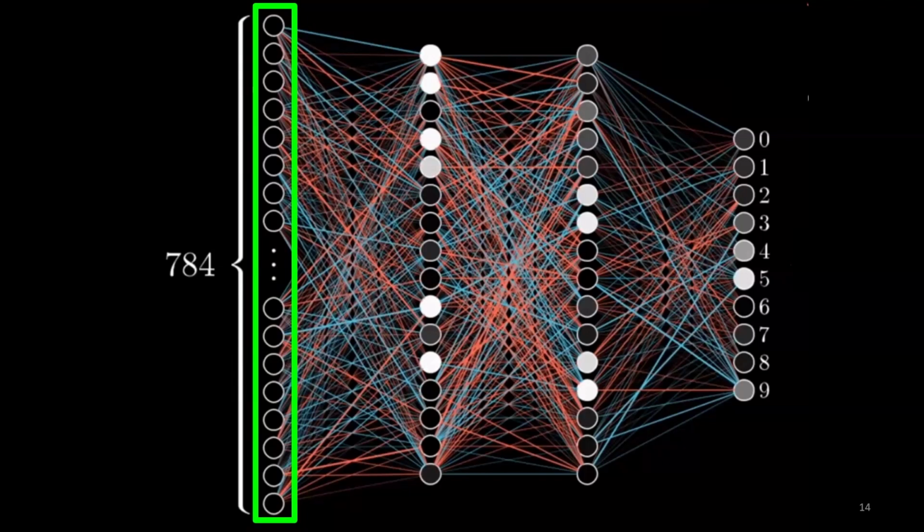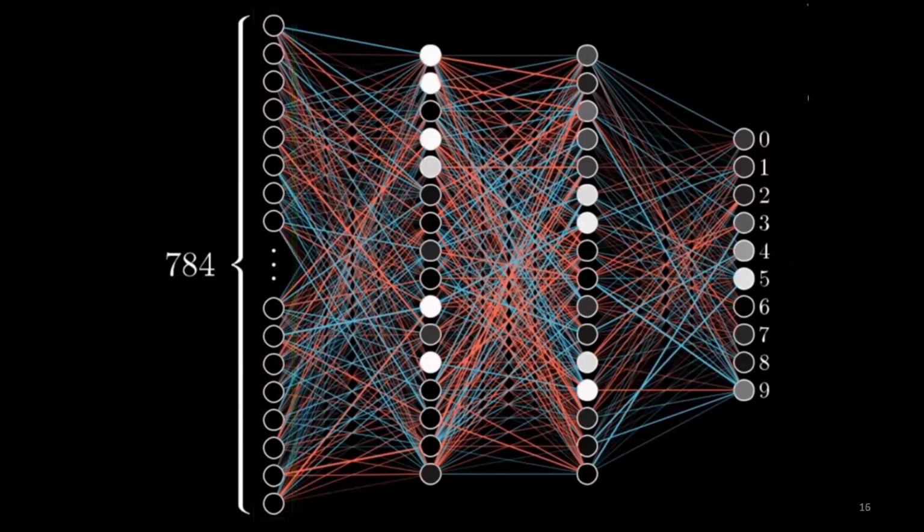The 784 nodes turn on if the pixel is white and stay off if the pixel is black. If the pixel is white, that node turns on and sends its signal. If it's black, it does not.